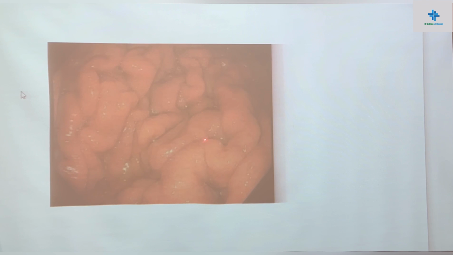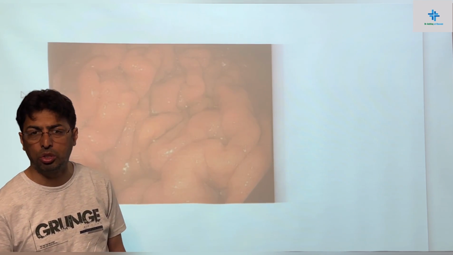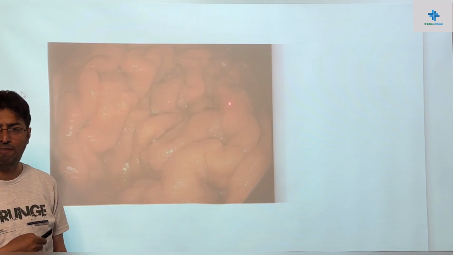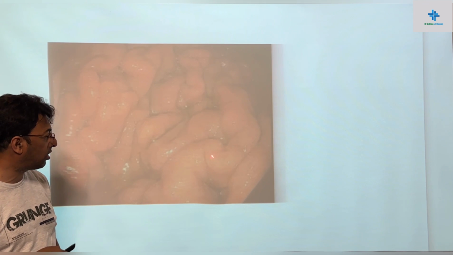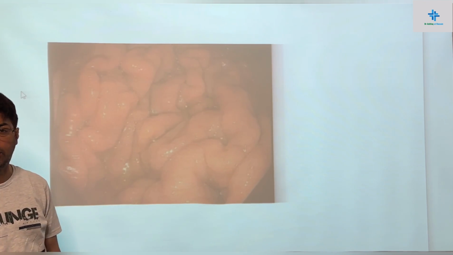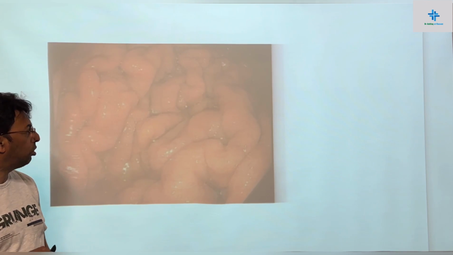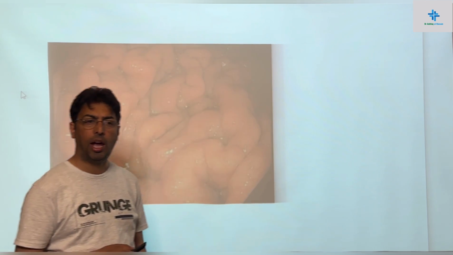But over here you have to remember that the interior of the mucosa of the stomach has well defined mucosal folds, but not as hypertrophied as this. This is a gross hypertrophy of the mucosa of the stomach, and this condition is called Menetrier's disease. So this is something which we had to know about the stomach.